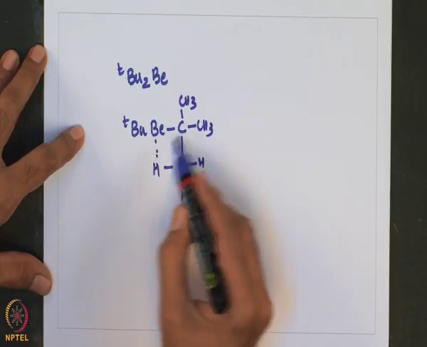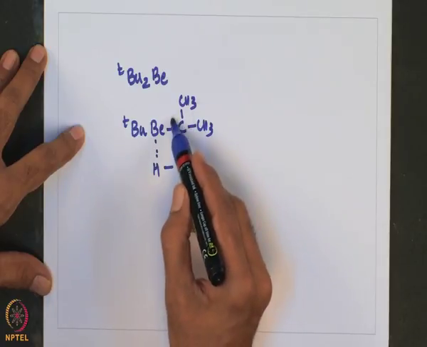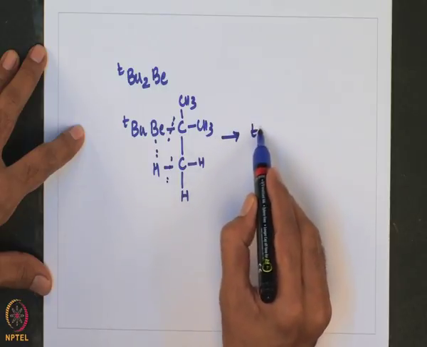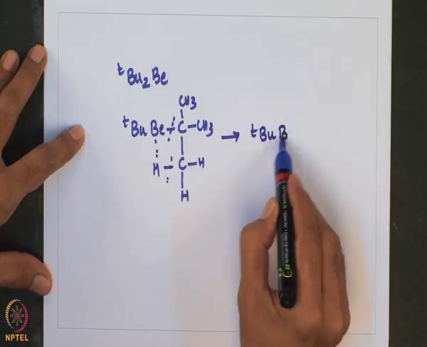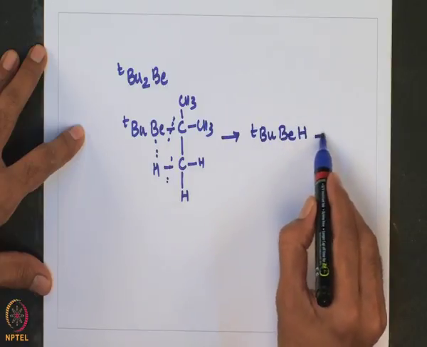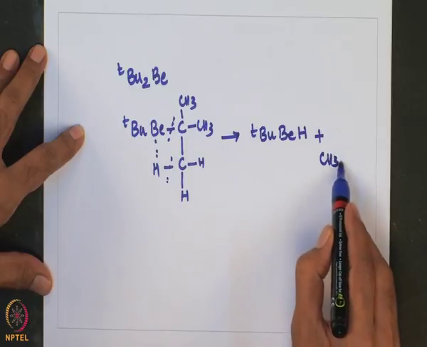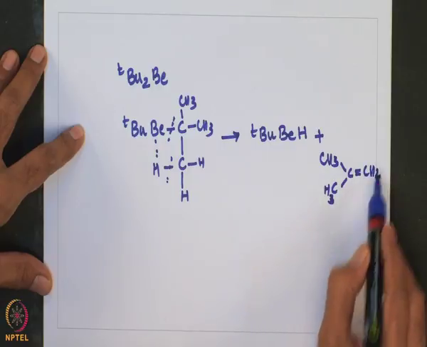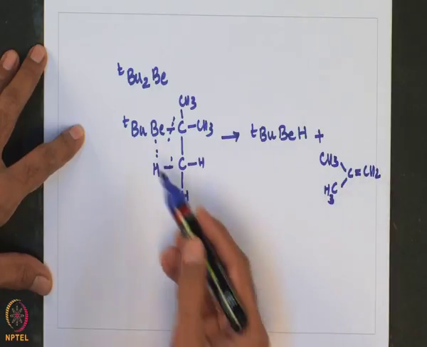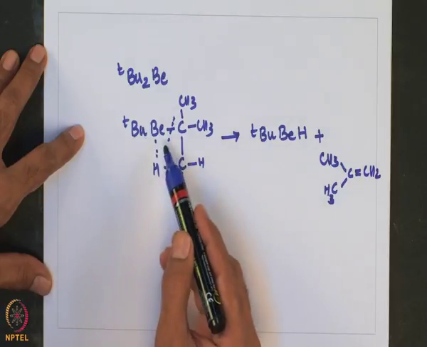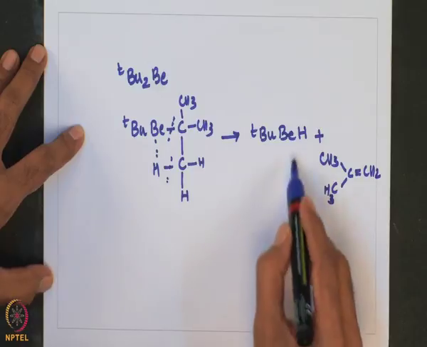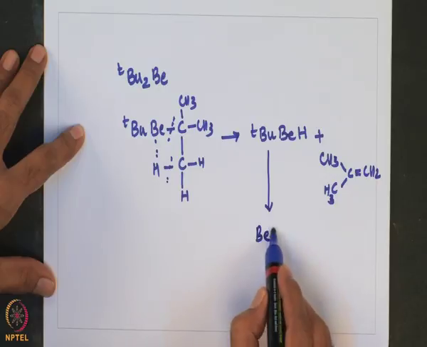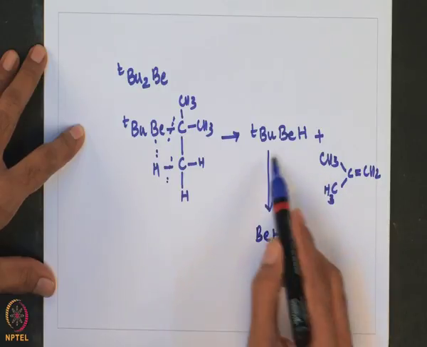As I had mentioned earlier, it forms a 4-membered ring, and then eventually this bond breaks here and this bond breaks here, leading to the formation of plus, so here 2-methyl propene is formed. Similarly, this tertiary butyl group also undergoes beta hydrogen elimination to form this, and again undergoes another beta hydrogen elimination to form H2. So, here one more of this group is formed.